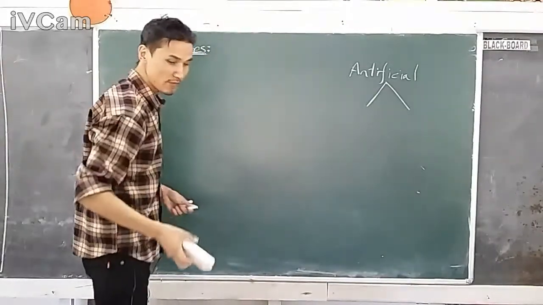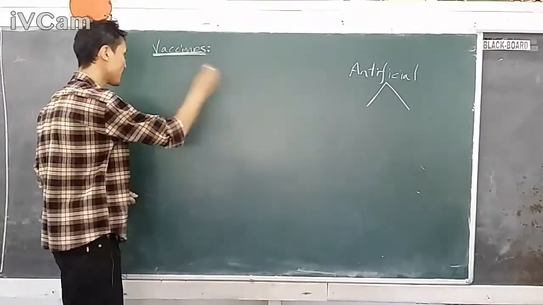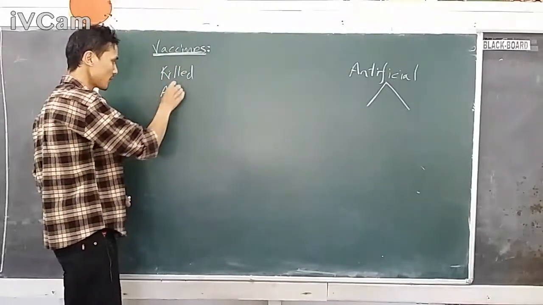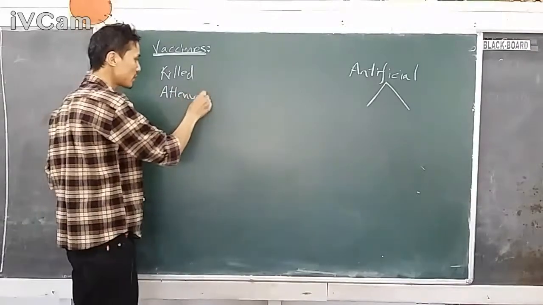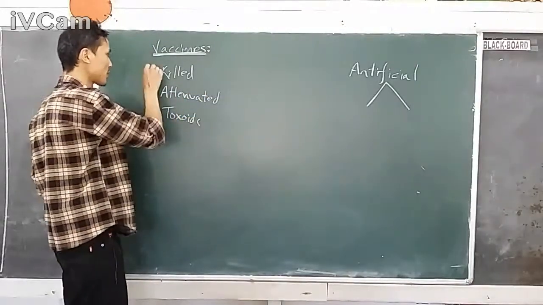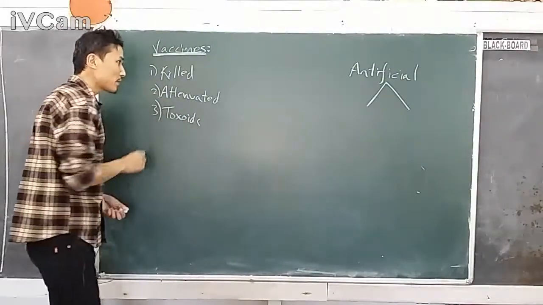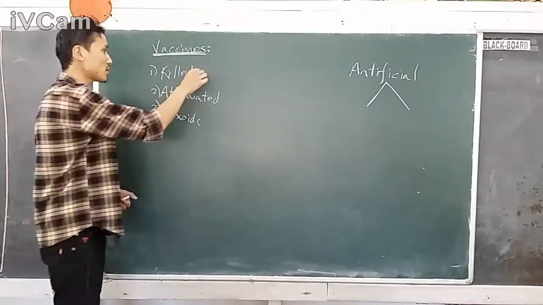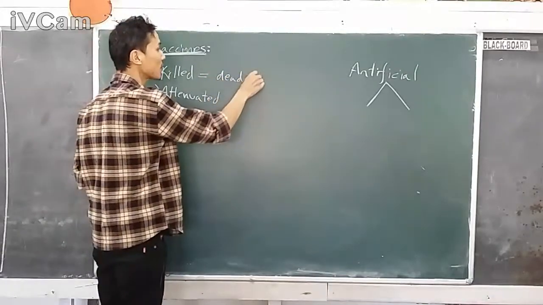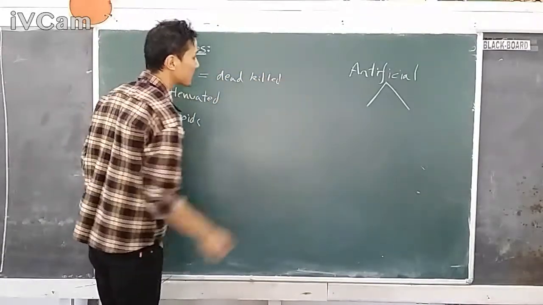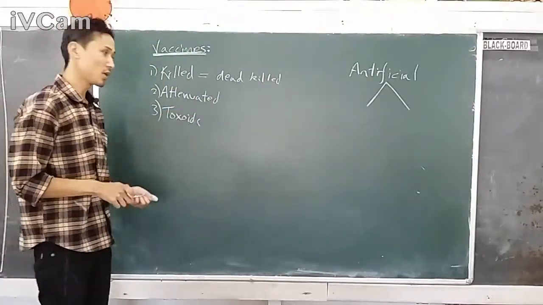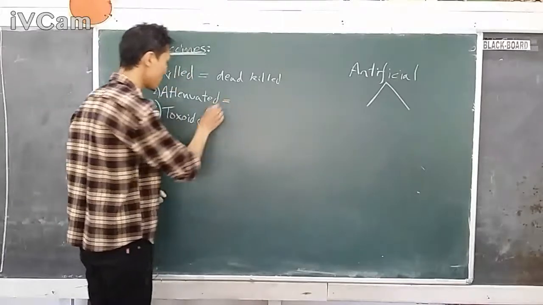When we talk about vaccines, they are generally of three types: killed, attenuated, or toxoids. By killed vaccines, what it means is this vaccine contains organisms which are dead or killed, but still these dead or killed organisms are sufficient to sensitize the immune system.